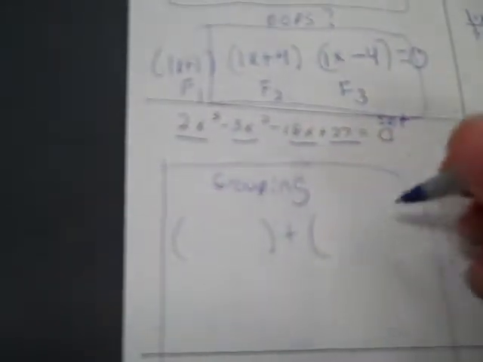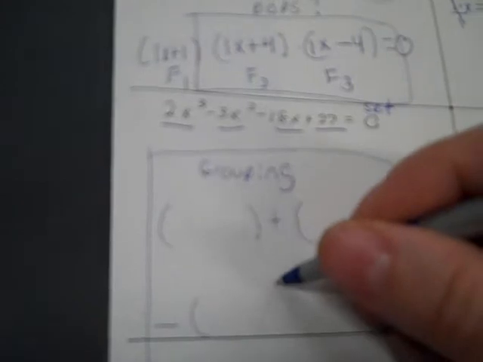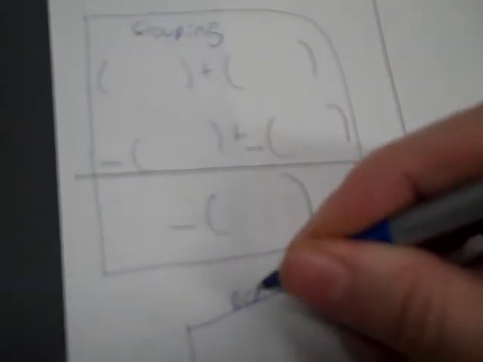So grouping. And then the difference of perfect squares. So grouping. And by the way, you don't put a sign between them on dots. Okay, just on grouping you do, dots you don't.